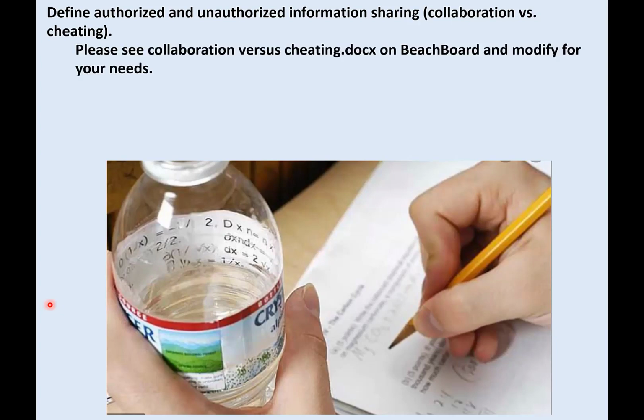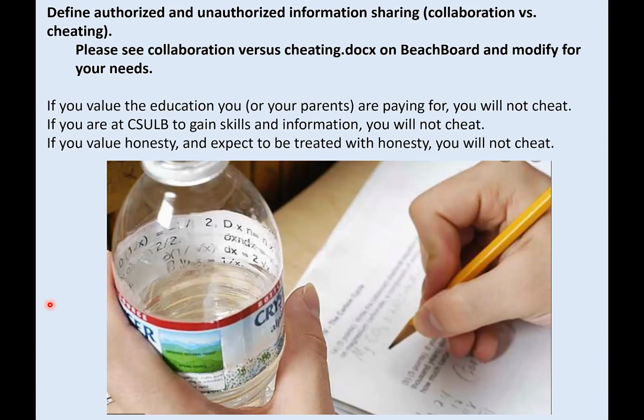So you need to tell them what you consider cheating. For mine, because I'm doing a lot of problem sets in genetics, I described the difference between collaboration versus cheating. At the end, I thought about some of the ethical questions that students might ask themselves. If you value the education you or your parents are paying for, you will not cheat.